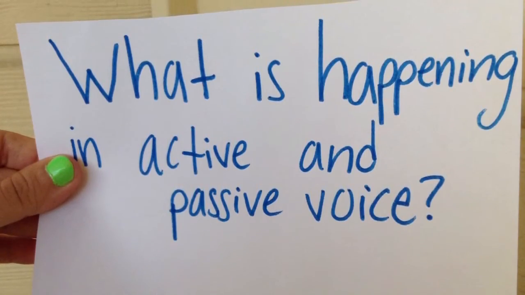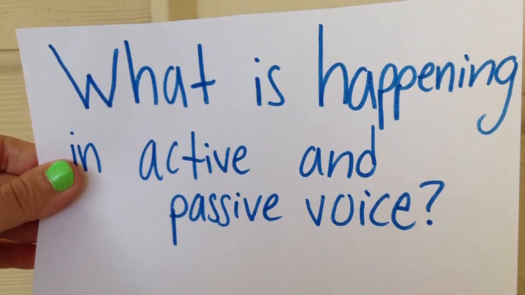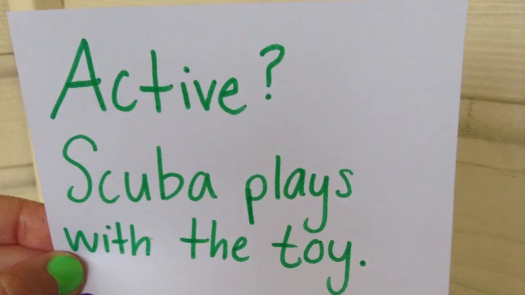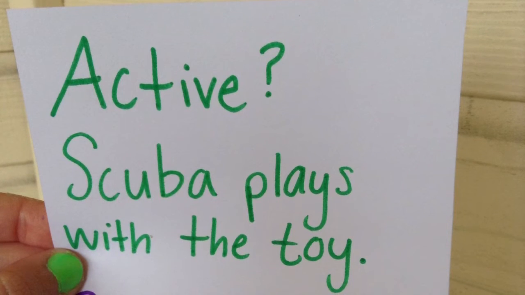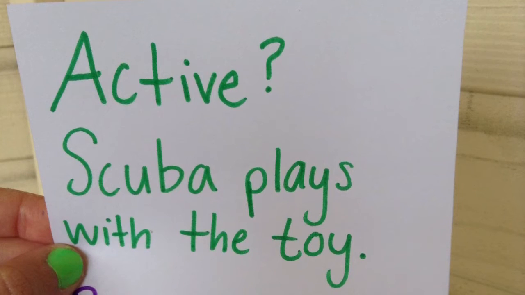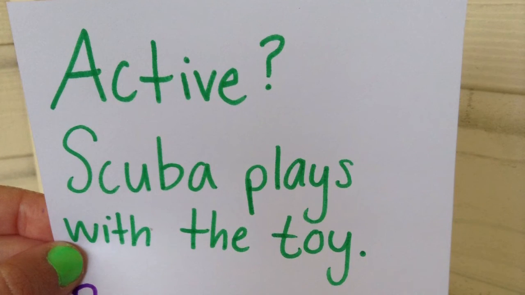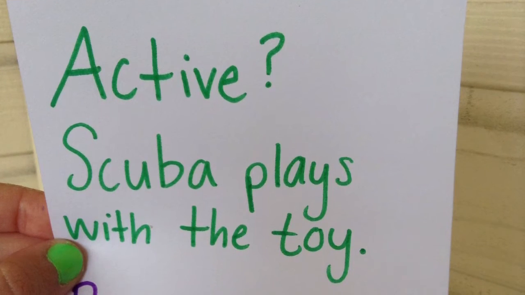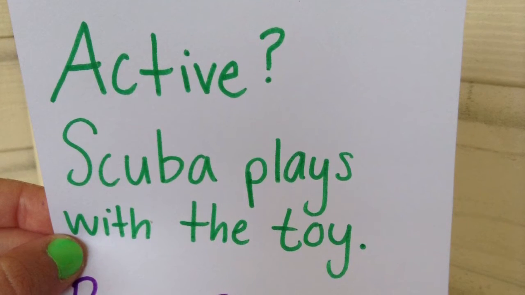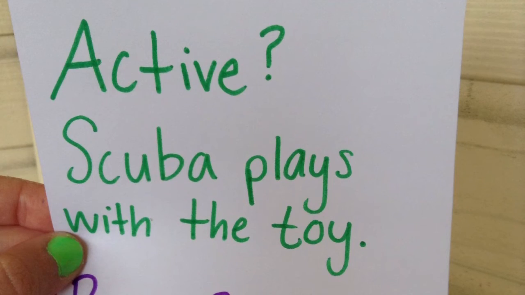Let's practice forming the active and passive voice for this new action. To form the active, we can say Scuba plays with the toy. Here, Scuba, our subject, comes first, the object, the toy, comes after, and we see a direct relationship between the subject and object.